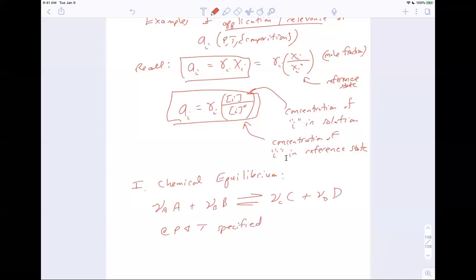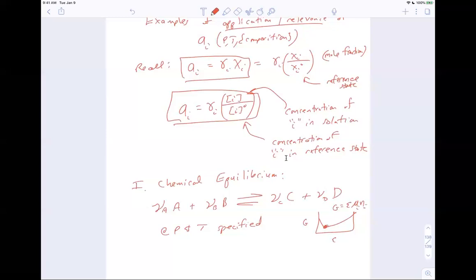By minimizing G, we obtained this relationship between the standard state delta G for the reaction and the equilibrium constant. We had G as a function of the extent of reaction, and the minimum of G is there. Recall that G is just the sum of mu i N i, and at equilibrium dG d epsilon is 0.